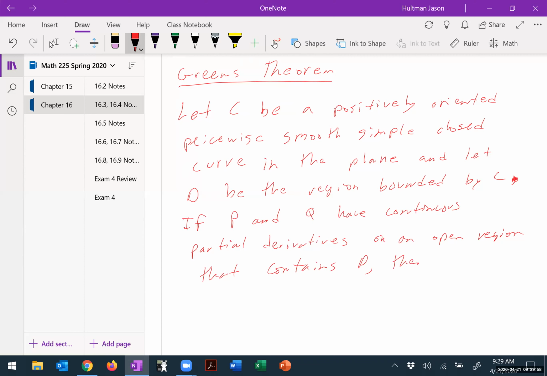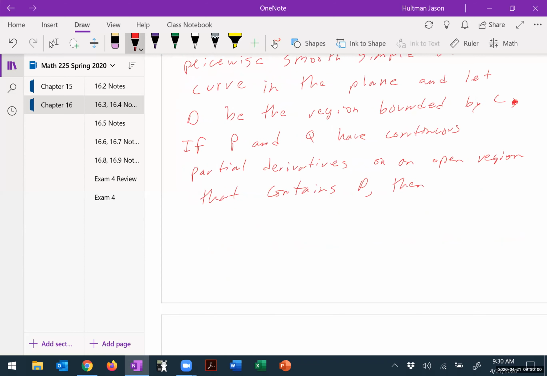the line integral over C of P dx plus Q dy equals the double integral over the region D of the partial Q with respect to x minus the partial P with respect to y, over the area.